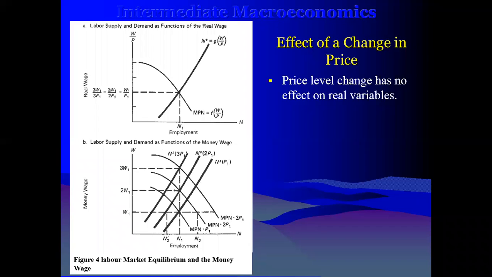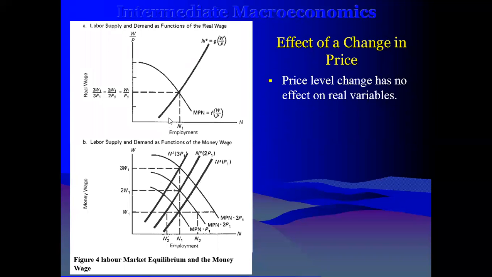If price is increasing by, say, 50%, and the nominal wage too is increasing by 50%, what this means is that there's going to be no change in real wage at all, which means there will be no change in the labor demand curve, and no change in the labor supply curve, which means that the real wage won't change, and your N star too won't change.